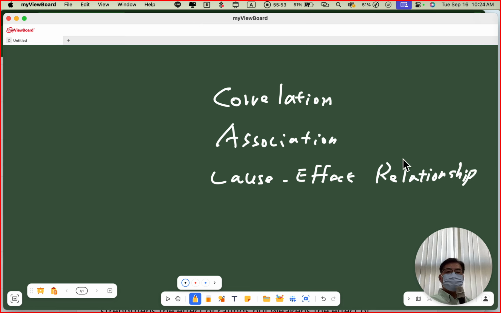Could you share what's the difference between these three concepts? Correlation, association, cause and effect relationship. Is there any difference, based on your knowledge or your experience? No one? No one to try?